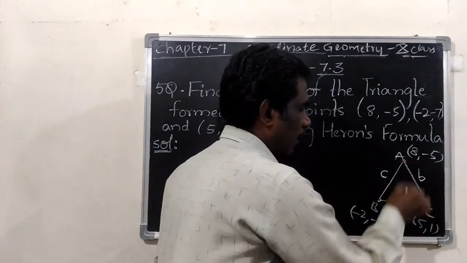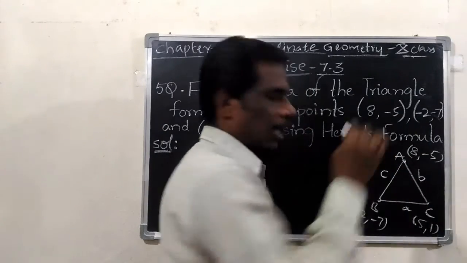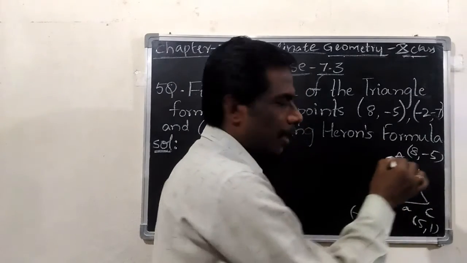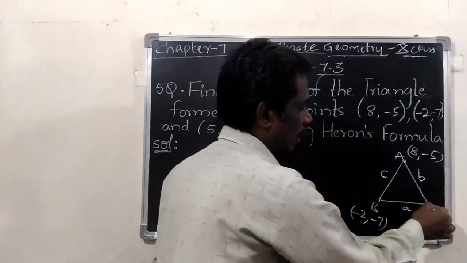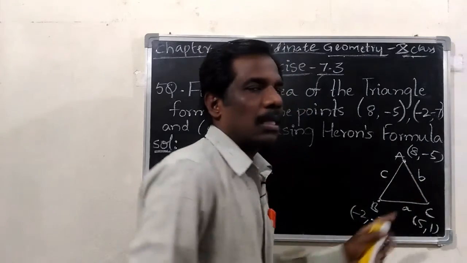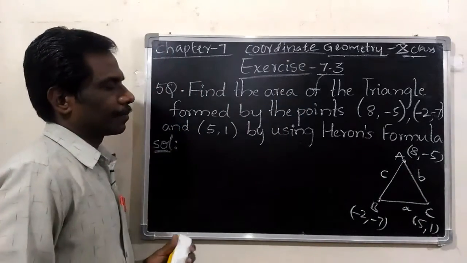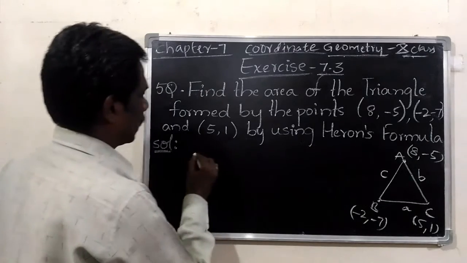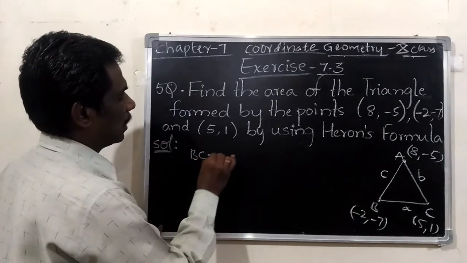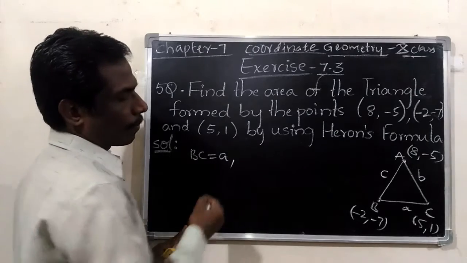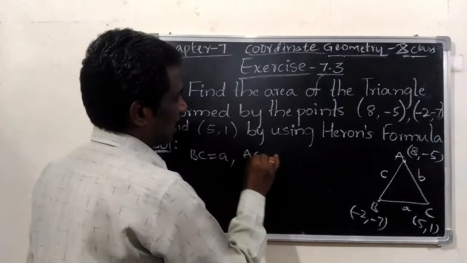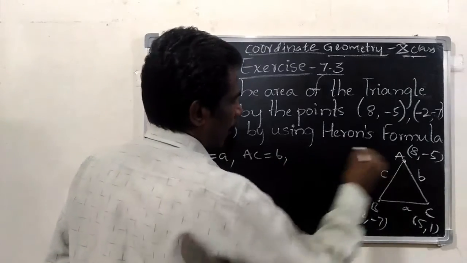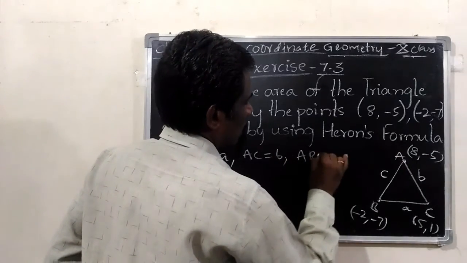So side BC is a, side AC is b, and AB is c.